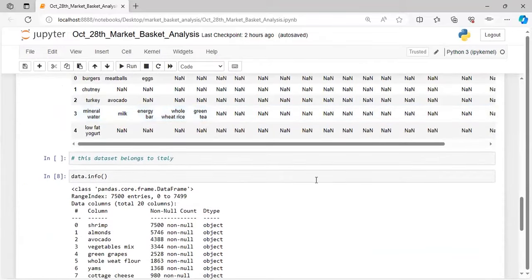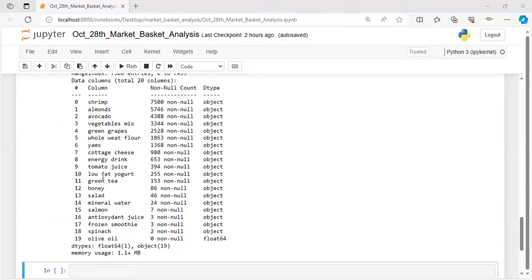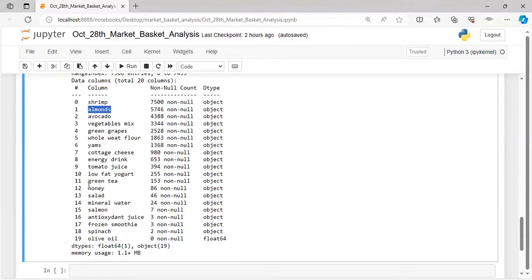Looking at the data set, do we have to find the association of that variable with respect to the column? These all are the items. And we want to find the association of one item with another item.